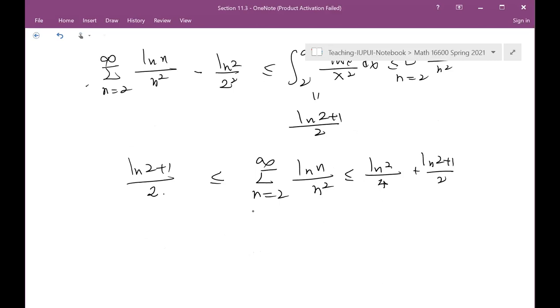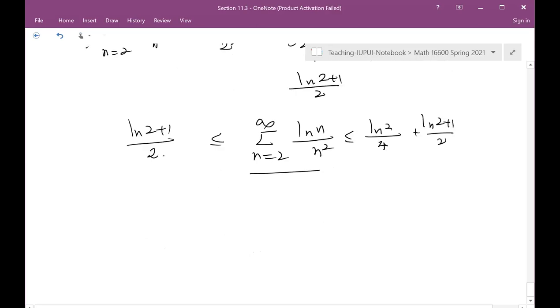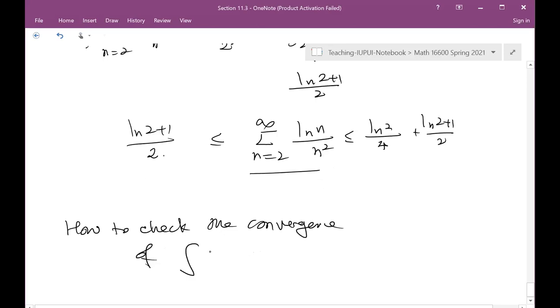All right. Now, in case you are not able to evaluate the integral, how do you check the convergence in another way? How to check the convergence of this integral from 2 to infinity of natural log of x over x squared?